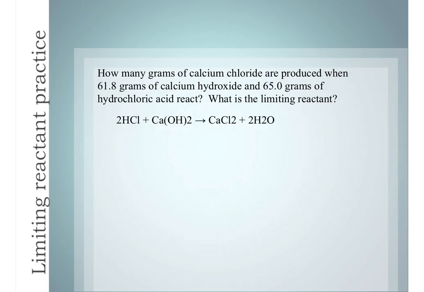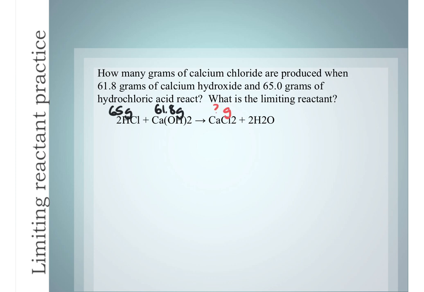So we're going to be starting off with the 65 grams of the hydrochloric acid and the 61.8 grams of calcium hydroxide, and you need to figure out how much calcium chloride will be produced.